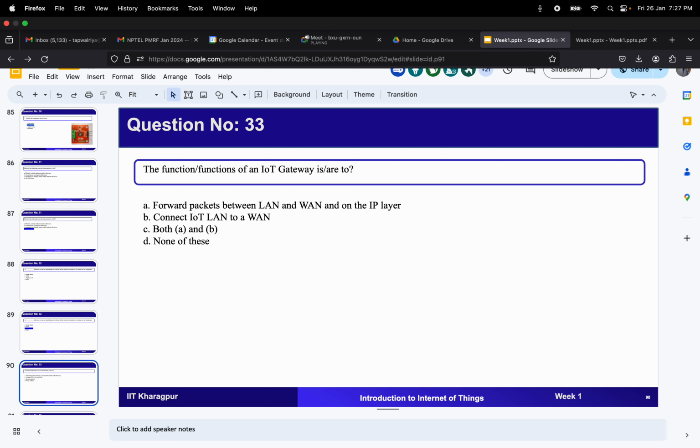Options are forward packets between LAN and WAN and to the IP layer. Second is connect IoT LAN to the WAN. Third is both A and B. D is none of these. Right, both A and B are correct.